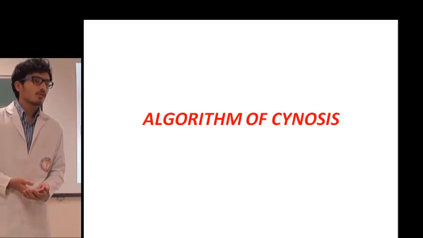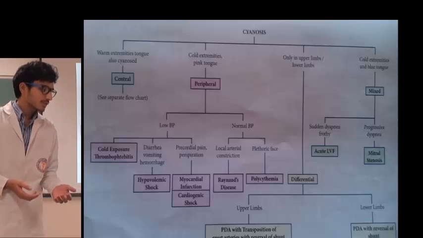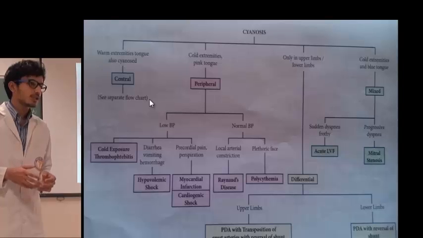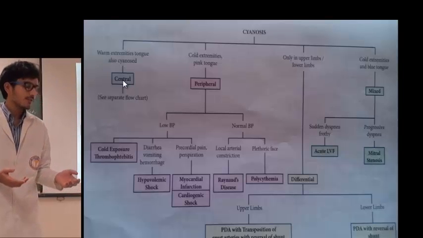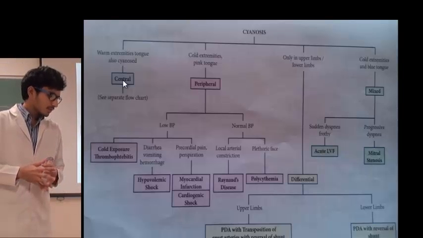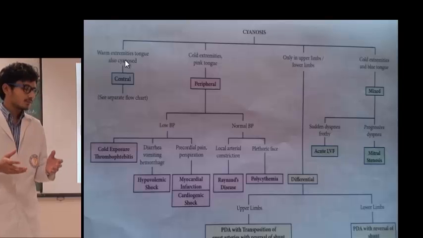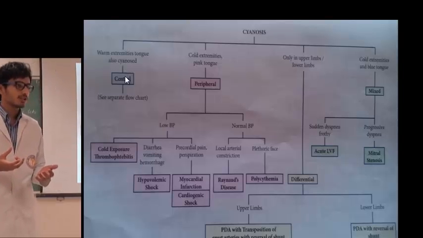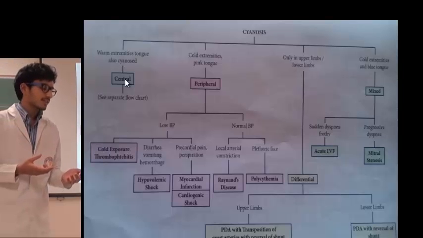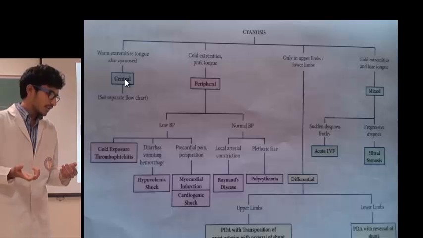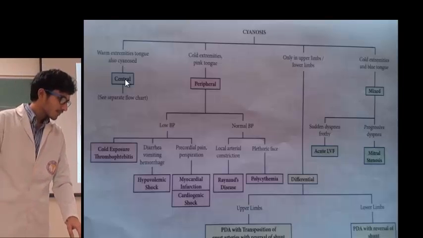Now in the central type of cyanosis, the oxygenation of blood is reduced, due to which there may be bluish discoloration in the parts where the circulation is comparatively faster, such as tongue, skin and other organs.